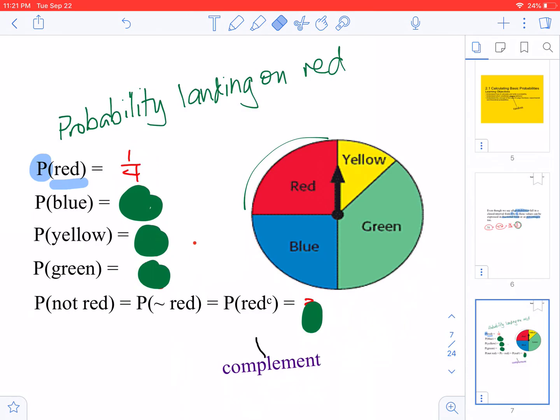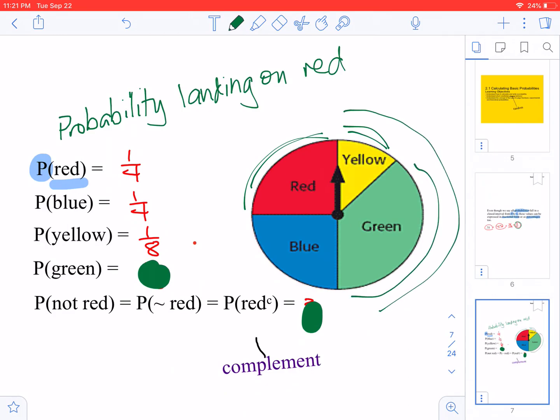Again, you don't need to change that to 0.25. You can just leave it as such. The probability of blue, identical, also 1/4. The probability of yellow, well, that's smaller. That looks now to be about a half of the 1/4. So that would be 1/8. And then the green, well, how much is left over? If you take out 1/8, and this is 4/8 total, why then you have 3/8 left.